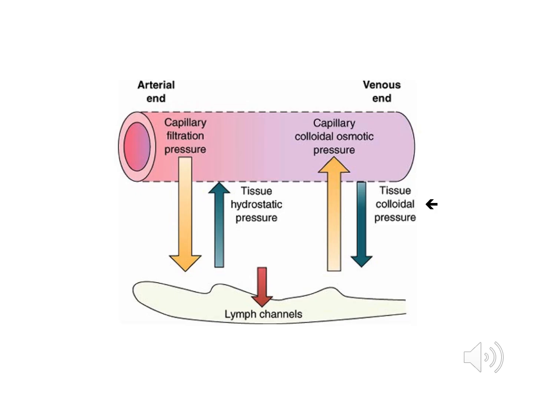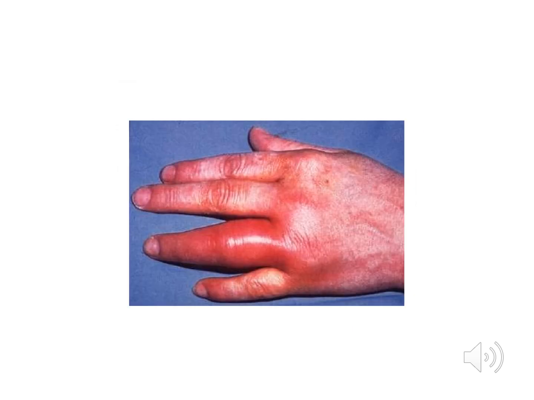Because of that increased capillary permeability, some of the plasma proteins are able to leak into the tissues, and now the tissue colloidal osmotic pressure is going to increase, right? So now the tissues have more osmotic drawing power, and so it's going to pull more fluid into the tissues, and now you have edema, right? So you might have someone with inflammation in their finger, and their finger will end up looking like this, with lots of edema.